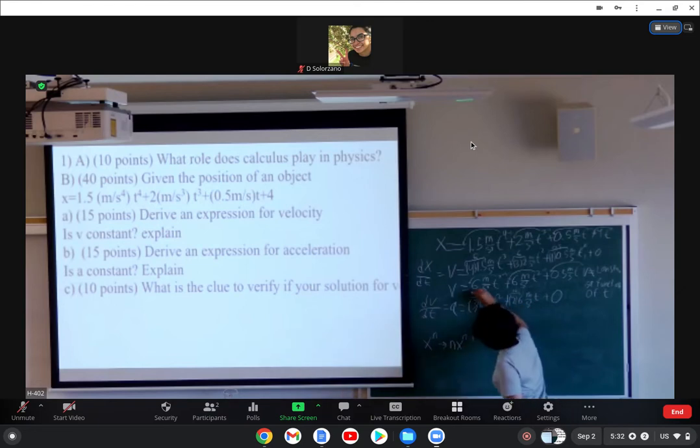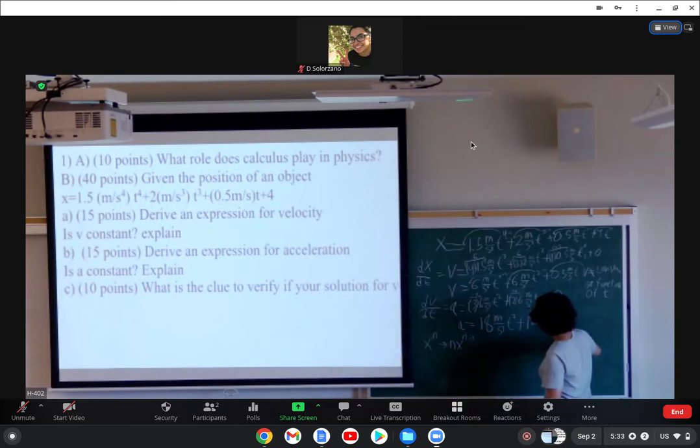Yes, 18. So that makes acceleration 18 meters over seconds to the fourth, t squared, plus 12 meters over seconds cubed, t.